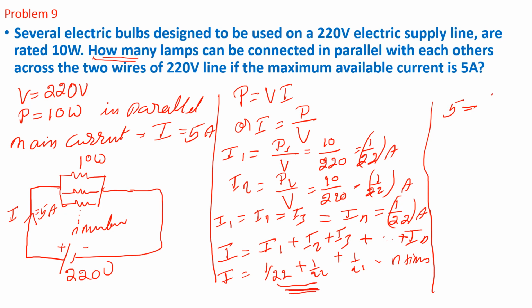I is given as 5 amps, the main current, which is equal to n by 22. Here n is the number of bulbs which we have connected, and that is what we need to find. So cross multiply. N is equal to 22 into 5, which is equal to 110.